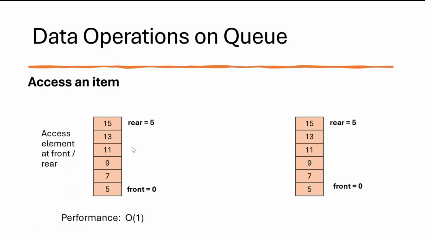In some languages, access to the element at the rear is not exposed, for example C#, so there it will be O of n. But in most languages it is exposed, so it will be O of 1, right? But if we try to access an element at any other place, the performance will be O of n, right?